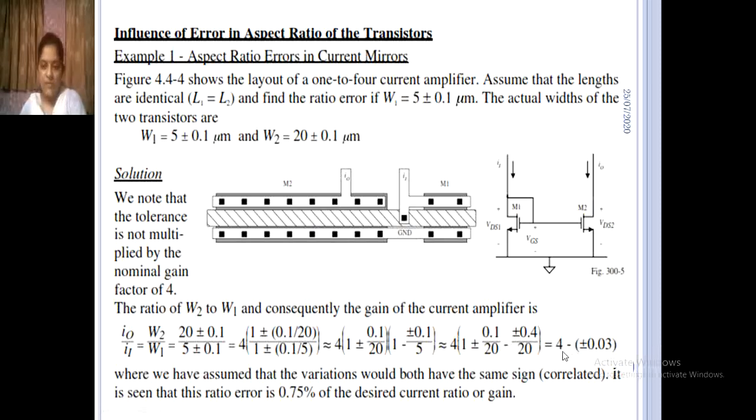It comes to 4 plus minus 0.03, where we have assumed that the variations would both have the same sign. It is seen that this ratio error is 0.75% of the desired current ratio or gain.